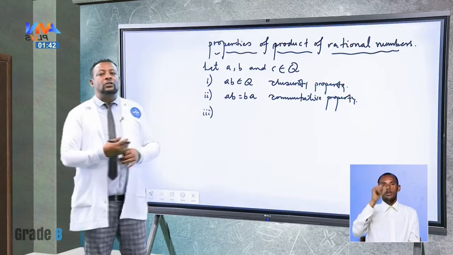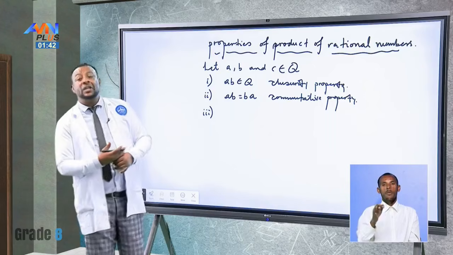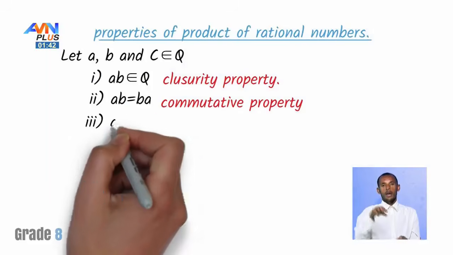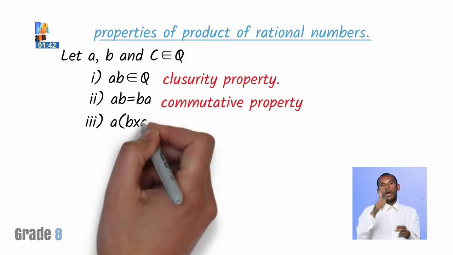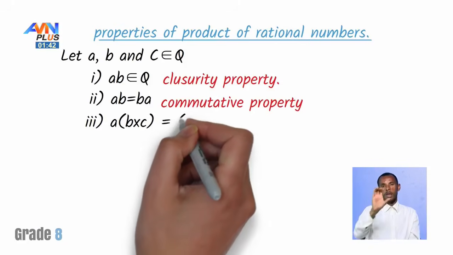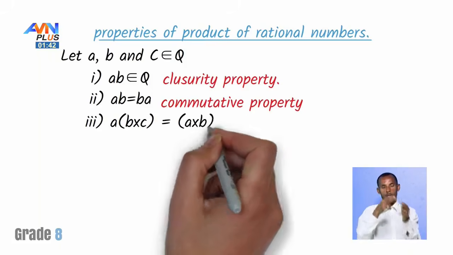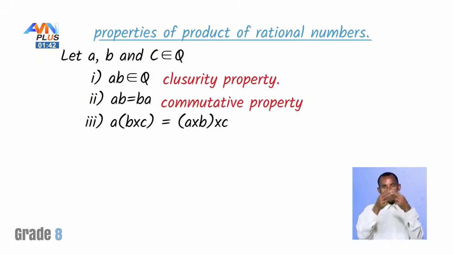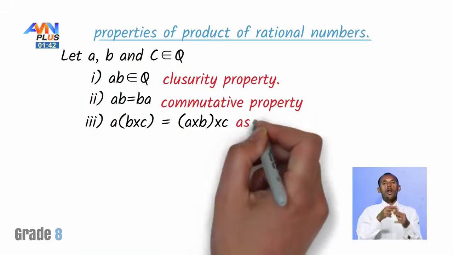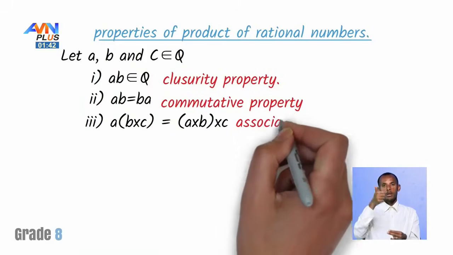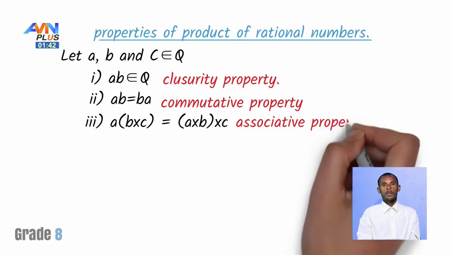There is an associative property on multiplication of three rational numbers. A times (B times C) is the same as (A times B) times C, okay? This property is called associative property.